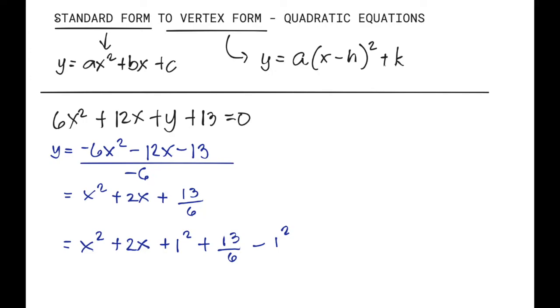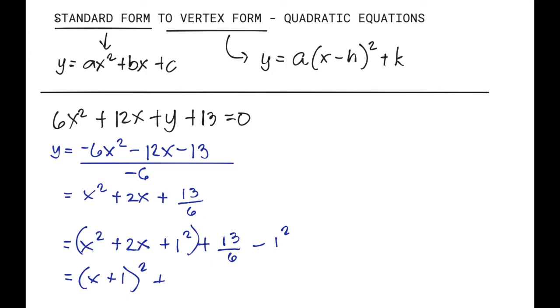And then we are going to factor this out. So we have x, copy the sign of the middle term, which is positive, and then the base of the third term, which is 1, square it, and then combine the constants.